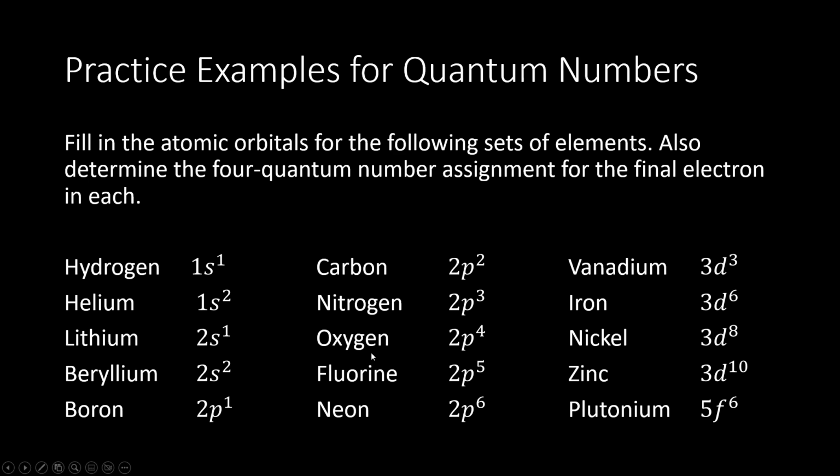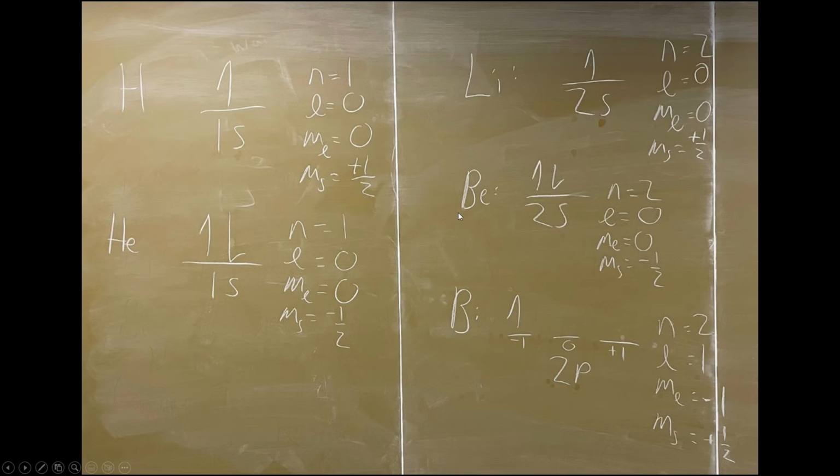Carbon, nitrogen, oxygen, fluorine, neon, that's 2p2, 2p3, 2p4, 2p5, and 2p6 respectively. Then vanadium and iron, 3d3 or 3d6. Nickel is 3d8, zinc is 3d10, and plutonium is 5f6. So I'm just looking at the final term in our electron configurations for all these elements.